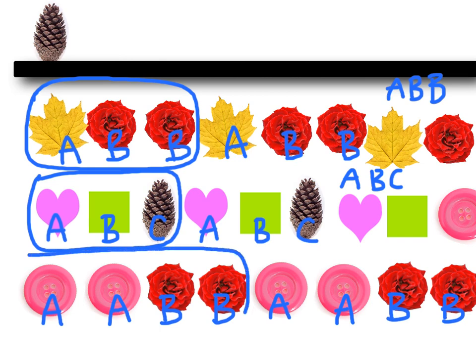Button, button, rose, rose. So this is quite a bigger pattern. So this pattern can be described as an A, A, B, B pattern.